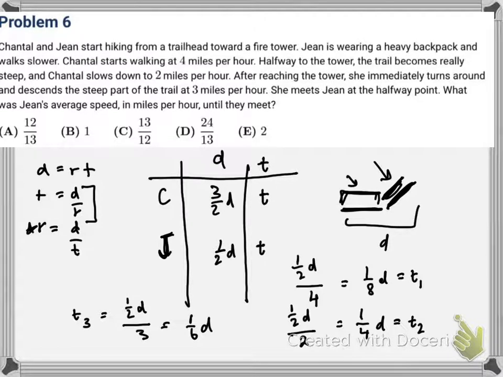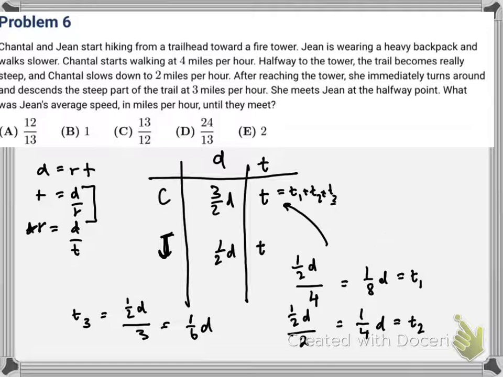So let's say that the total amount of time Chantal took, T, amounts to T1 plus T2 plus T3. I'll erase this to save some space, and let's say that Jean also took the same time, but covered less distance, right? So we can also say Jean's time was the same.